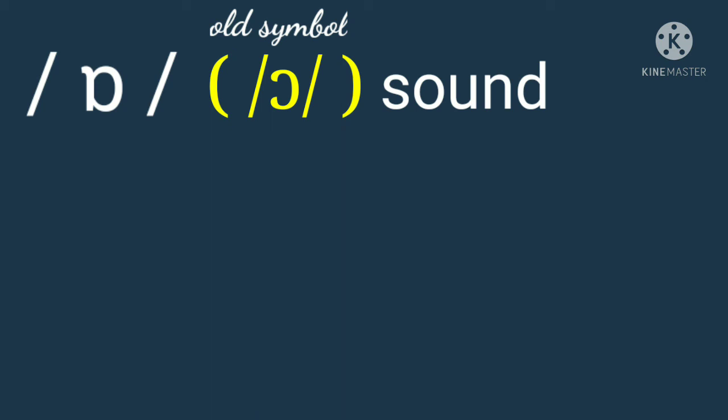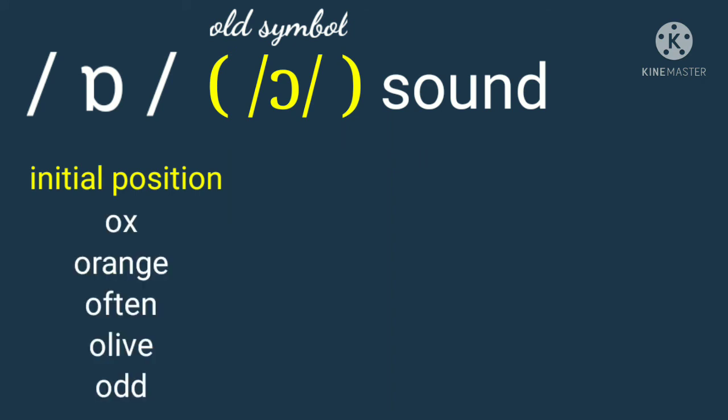Now look at a few words where it occurs in the initial position. Ox, ox, orange, often. Some people pronounce the word as often. Next one, olive, odd, old, and so on.